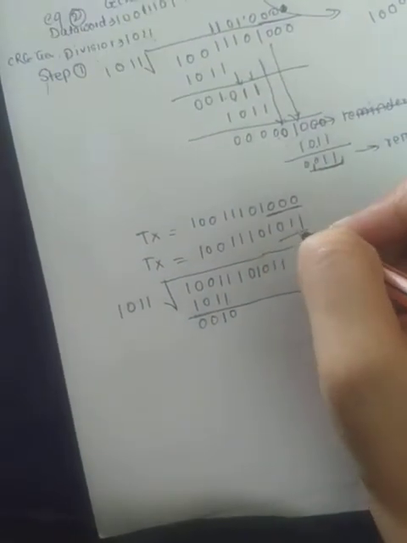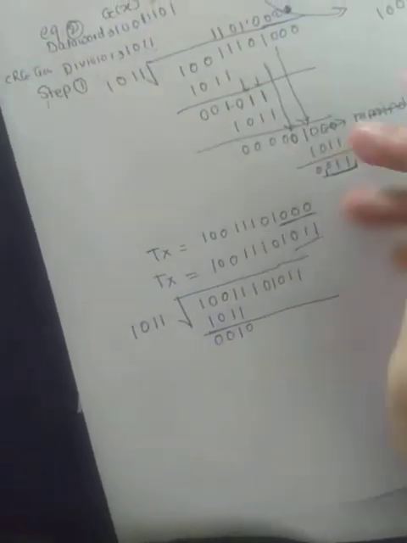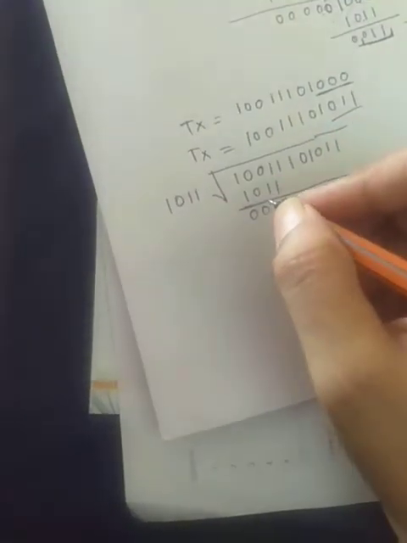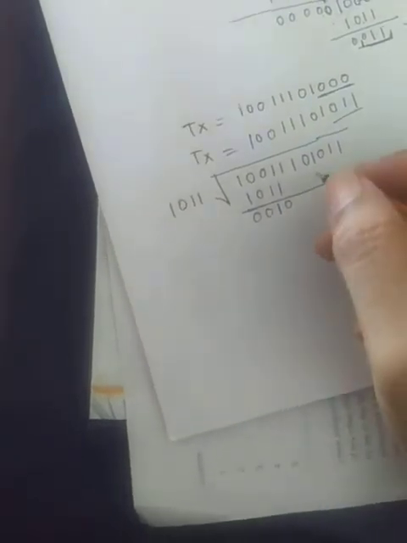Then this transmitted data is sent to the receiver, and the receiver can check whether the data is error free or not by performing the CRC polynomial division. The transmitted data is divided by the divisor.